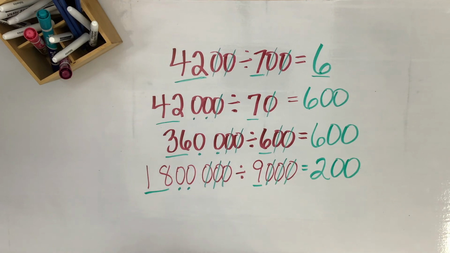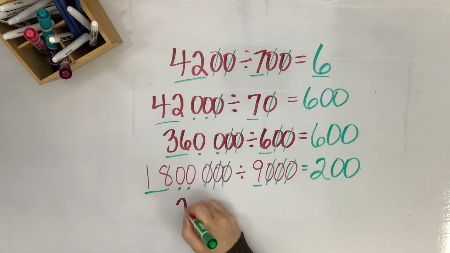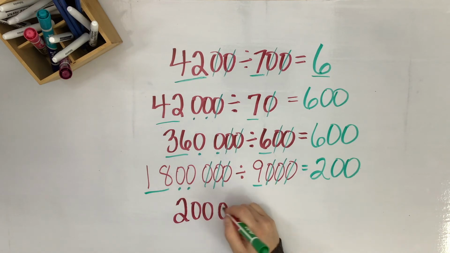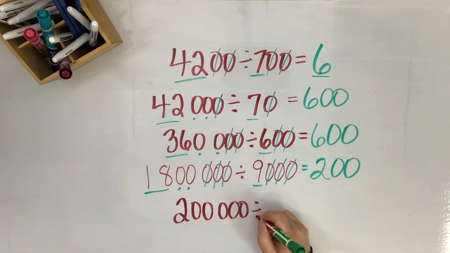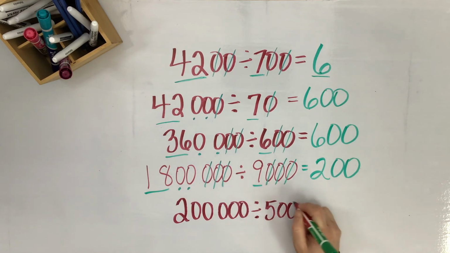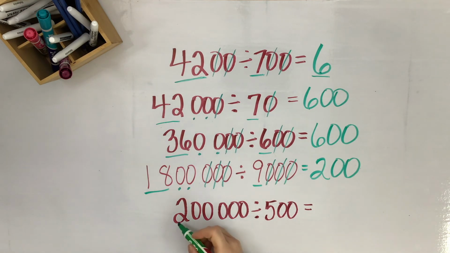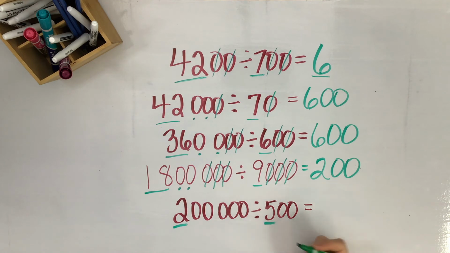Let's look at one other one that's a bit trickier. 200,000 divided by 500. Now you might look at this one and say, I can't divide 2 by 5 and get a whole number answer, which is correct.